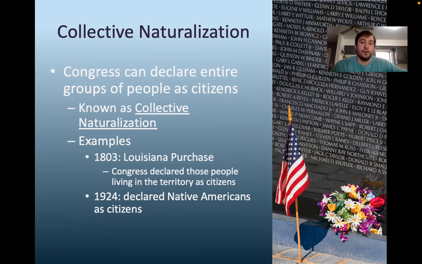And maybe the Native Americans deserve a little bit more than just being granted citizenship. It's really hard to say. Maybe it's money, job opportunities, maybe a pension. But with all the harsh atrocities that they faced, maybe they should gain a little bit more than just that.